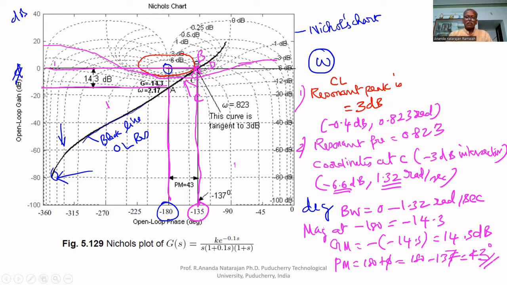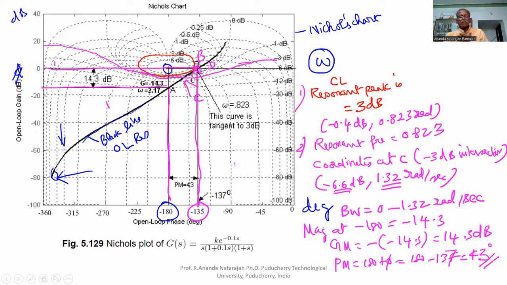It is tangent to 3 dB M circle. Therefore, resonant peak is 3 dB. At the tangent point, we find the coordinates, that is minus 0.4 dB open loop magnitude, and frequency is 0.823. Therefore, resonant frequency at closed loop is 0.823.